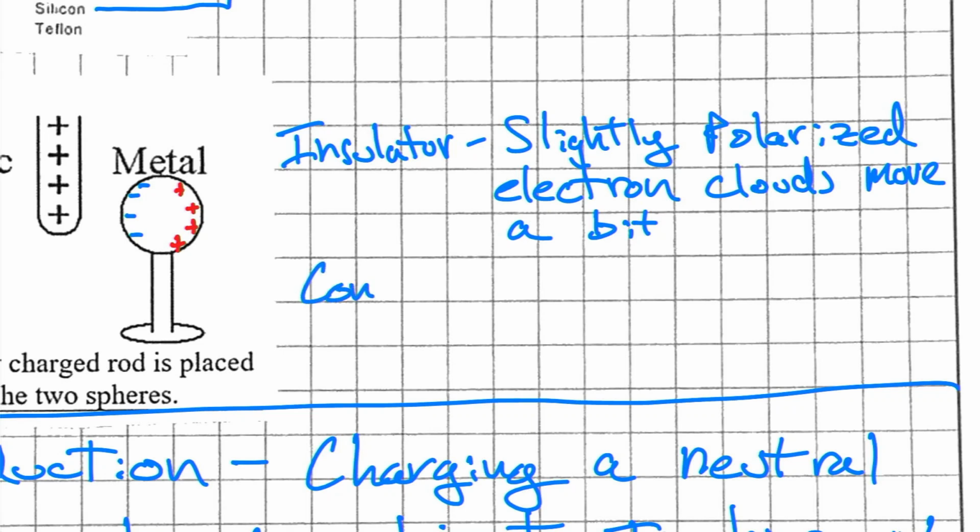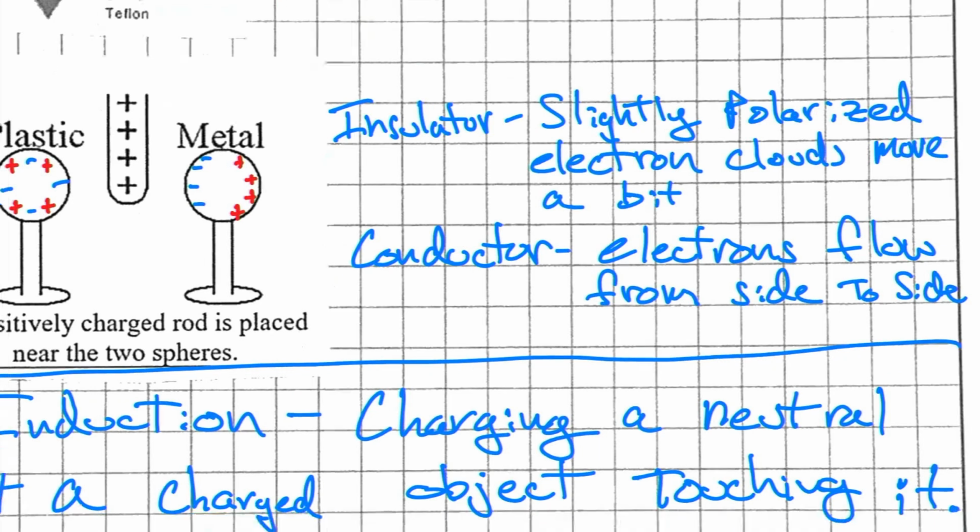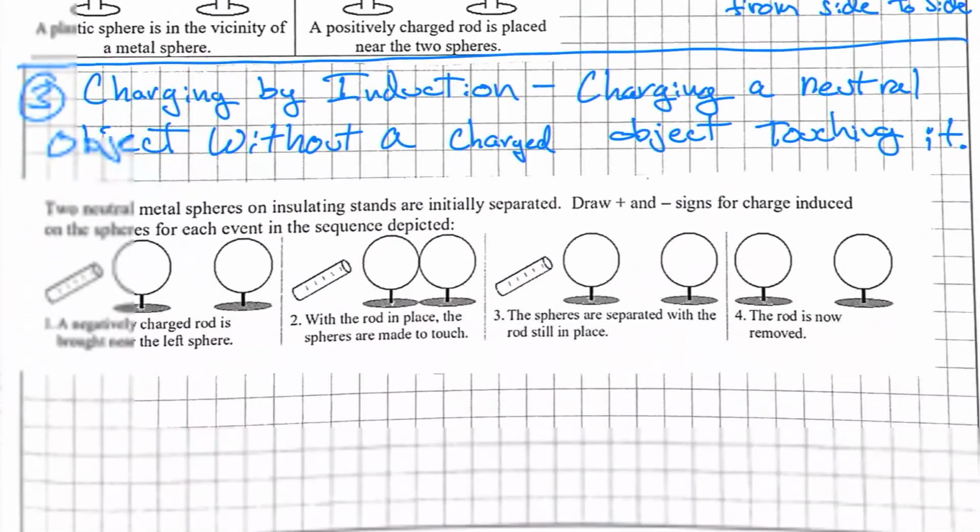In the conductor, we have electrons flowing from side to side, and it produces a much larger and a much more dramatic effect.